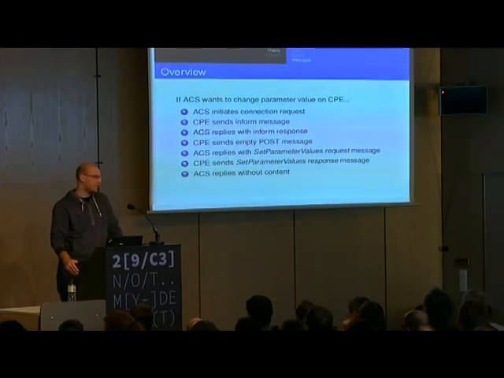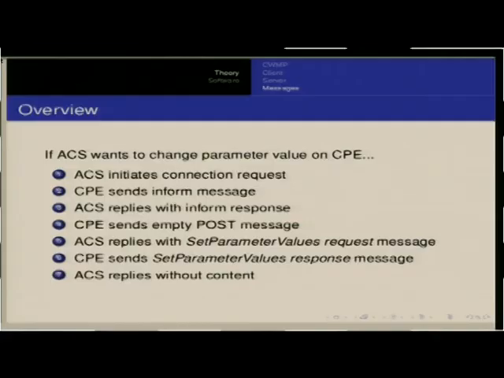In CWMP, an empty POST message means that the party that sends it has nothing to say. So the ACS can send an empty reply, or it can send a 204 No Content message. Okay, so the ACS replies, for example, with a SetParameterValues request message.